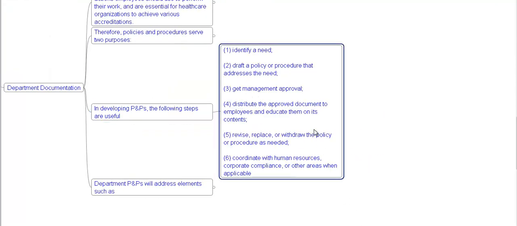Identify a need, draft a policy or procedure that addresses the need, get management approval, distribute the approved document to employees and educate them on its contents, revise, replace, or withdraw the policy or procedure as needed, and coordinate with human resources, corporate compliance or other areas when applicable.